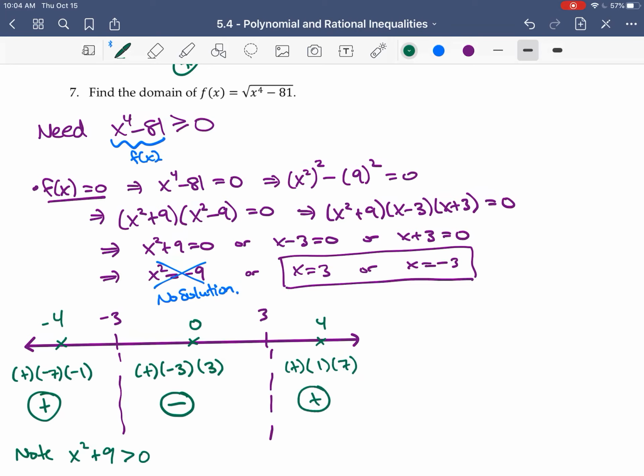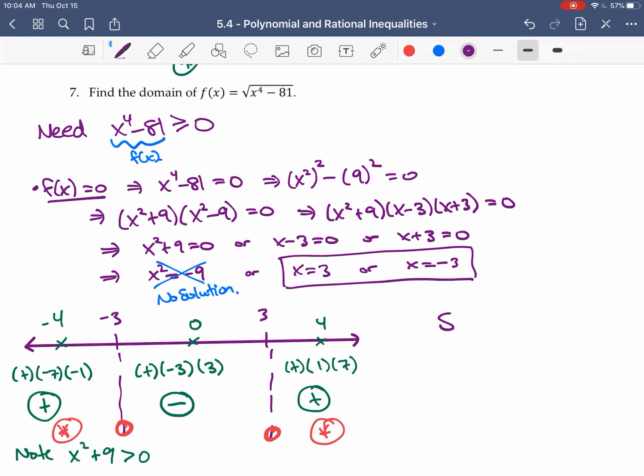So I have 3 positive numbers multiplied together, so that's going to be a positive number. So we want it to be at least as big as 0. Okay, and at -3 and +3, it's equal to 0. So we want these two outside intervals.